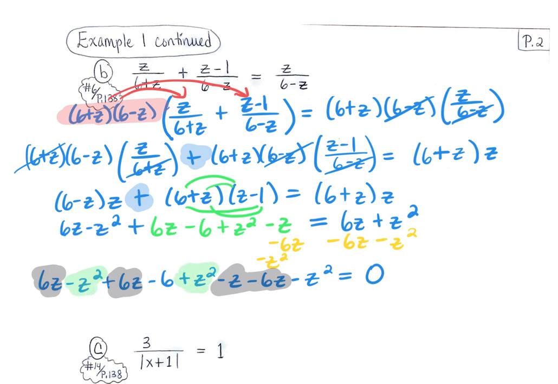Is that positive or negative? Okay. And then you have a negative 6. So adding up the green, you have a negative z squared plus z squared minus z squared, which gives you negative z squared.